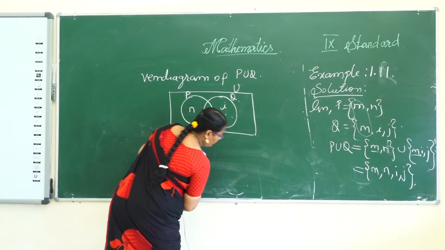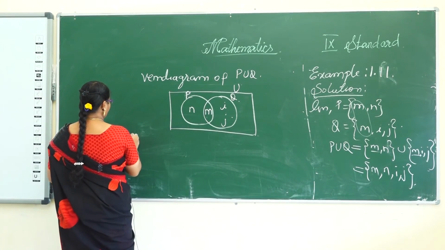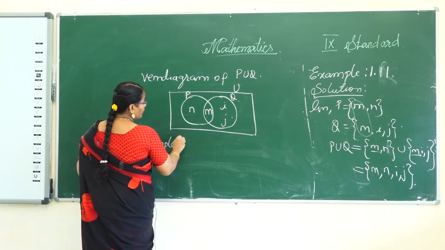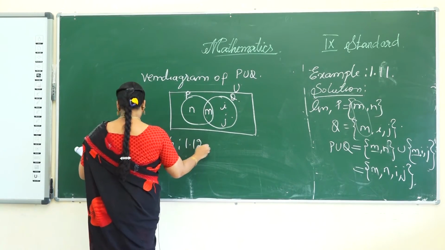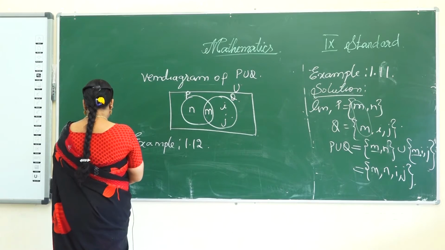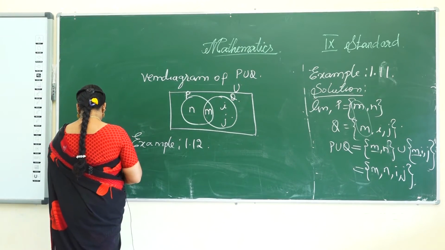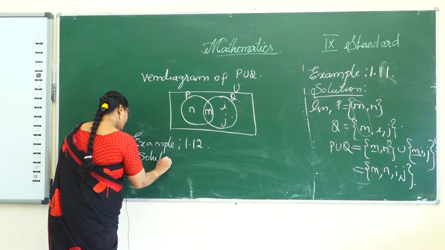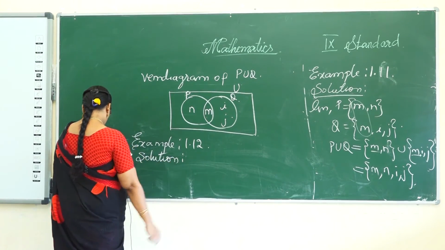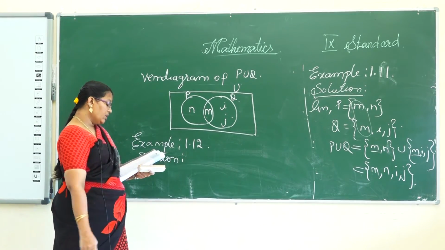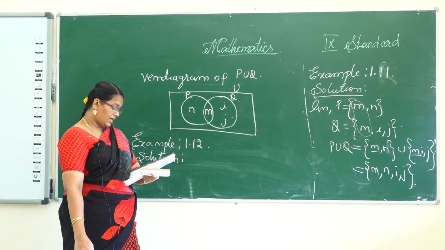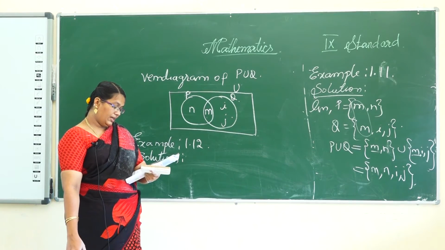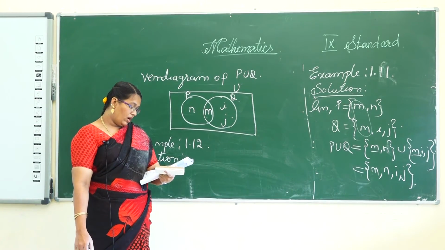Next example, 1.12. Solution. What is given? A is equal to the set of all x such that x is an even natural number and 1 is less than or equal to x less than or equal to 12.